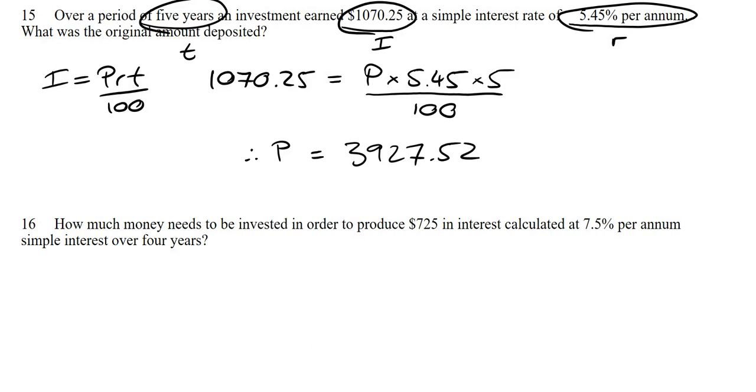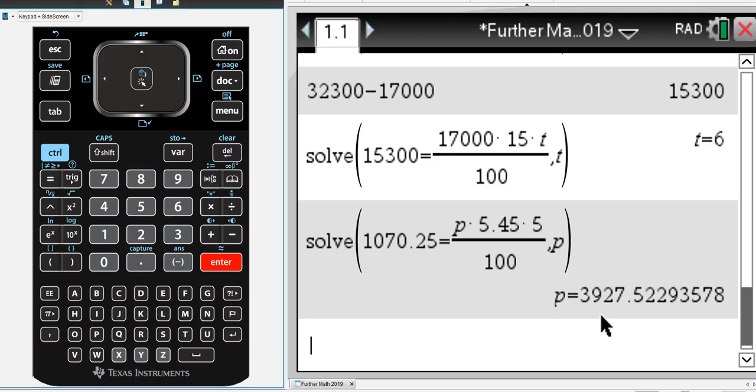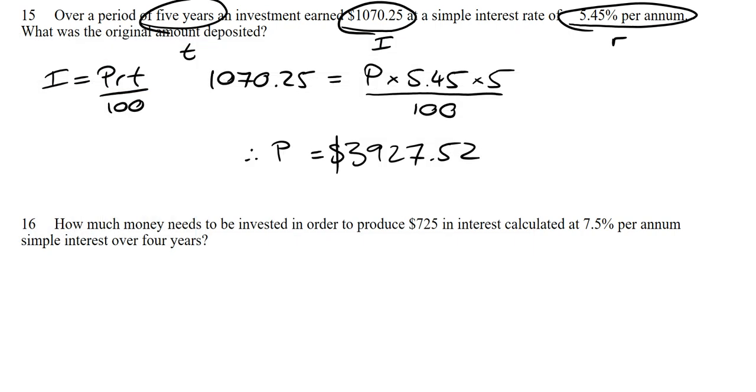Double check that I wrote it down right. $3,927.52. Good. So have a go at question 16 on your own using a similar approach.